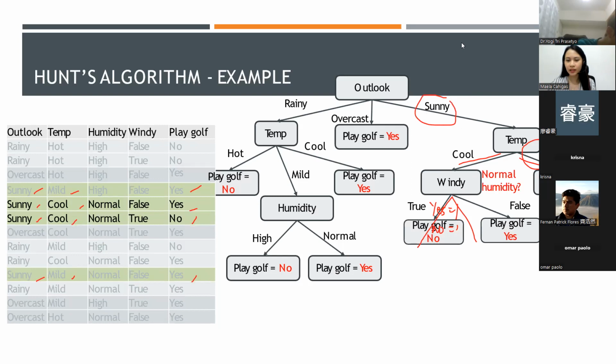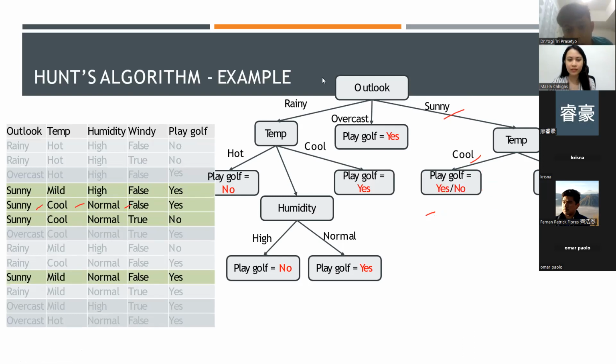So just to continue the cool weather, next is to identify sunny, cool, and true or false for the windy part. So sunny, cool, and then normal. Oh, this should be like this.